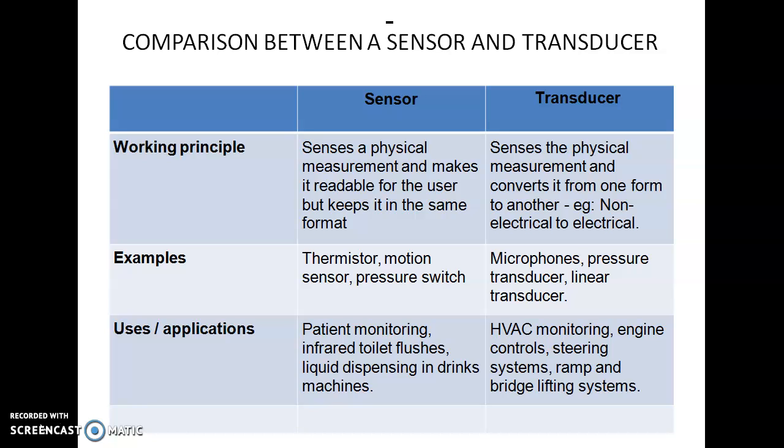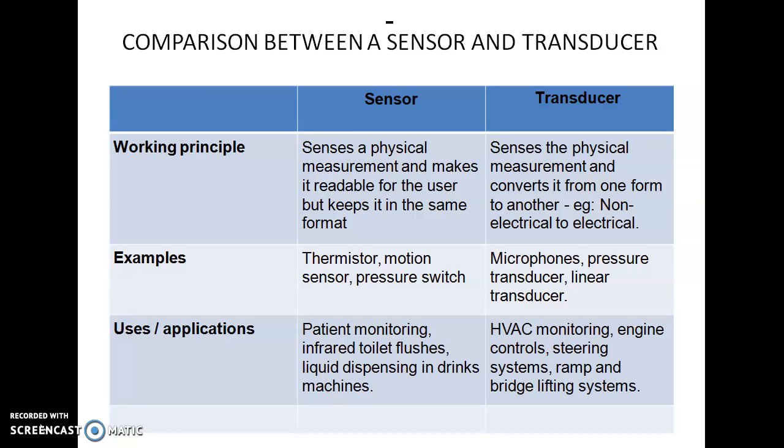Comparison between a sensor and a transducer. So, we will discuss the difference between sensor and transducer. First one is according to working principle. A sensor senses a physical measurement and makes it readable for the user, but it keeps it in the same format. Means, if the measured quantity is a physical or mechanical quantity, then we will get an output in physical or mechanical quantity.